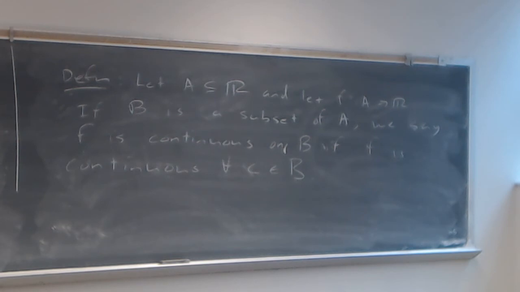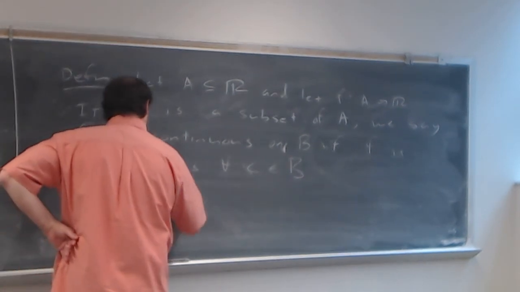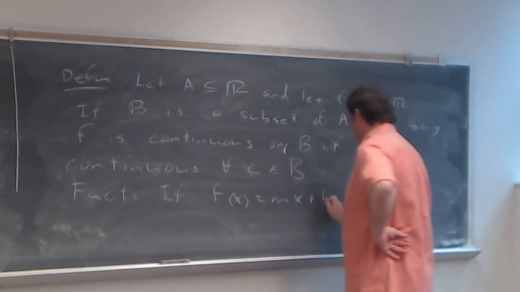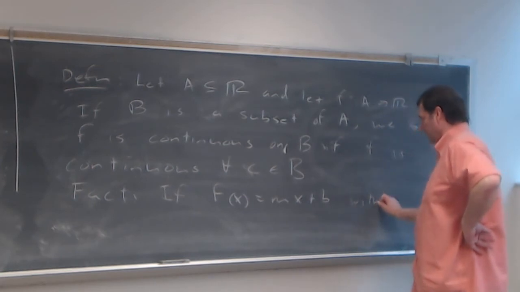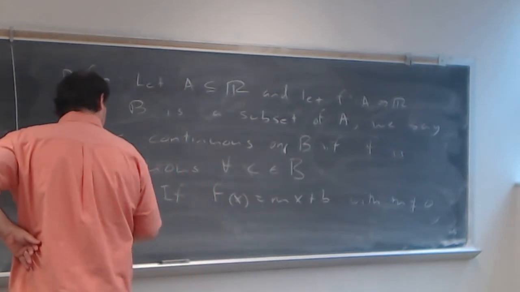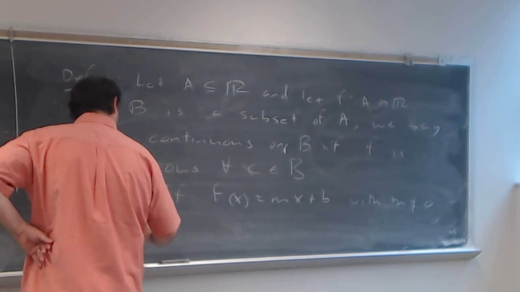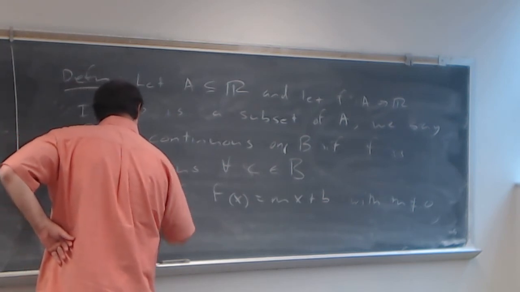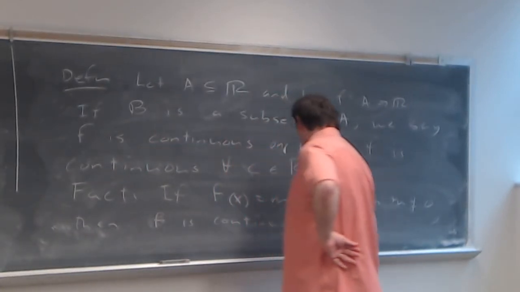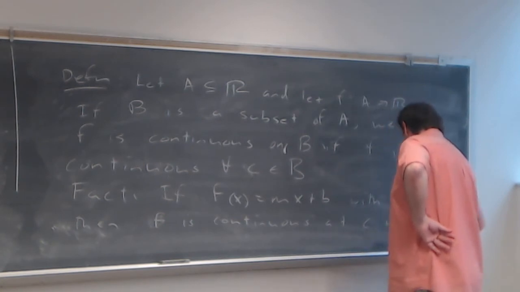Here's a fact. If f of x is equal to mx plus b, with m being different than 0, then f is continuous at c, where c is an element of the real numbers.